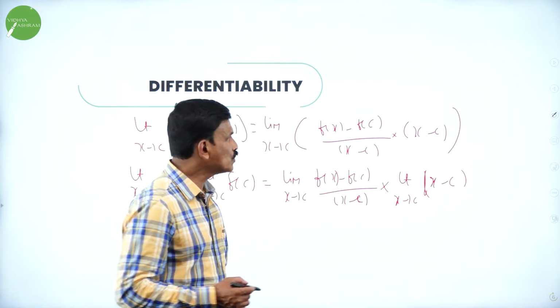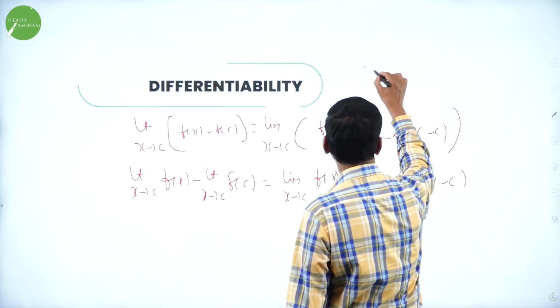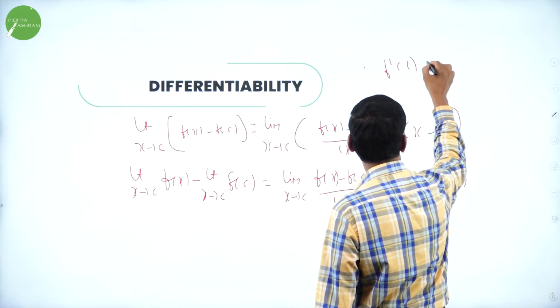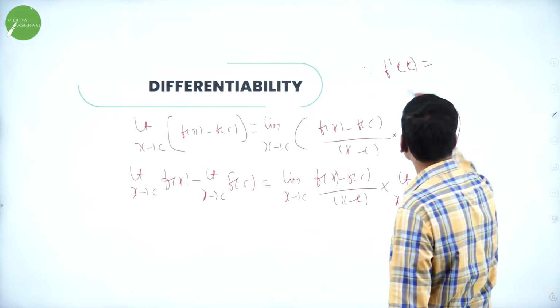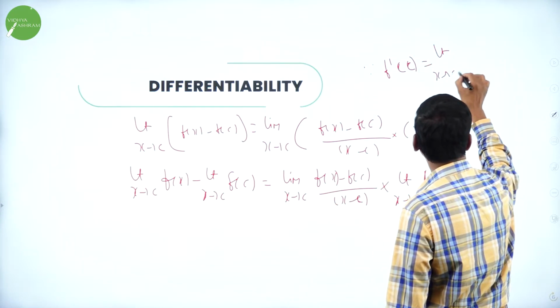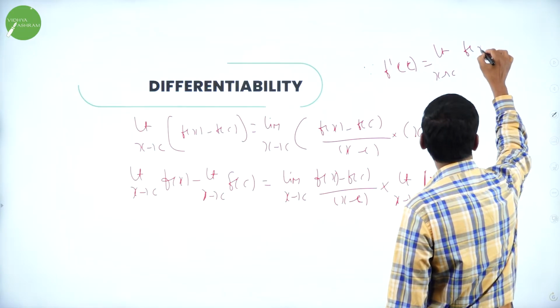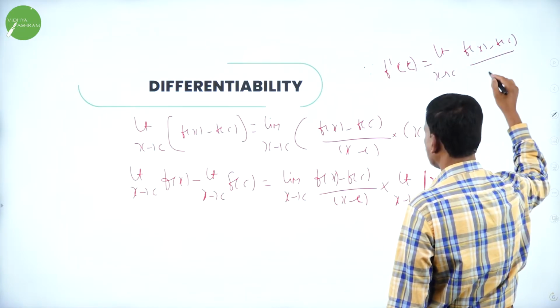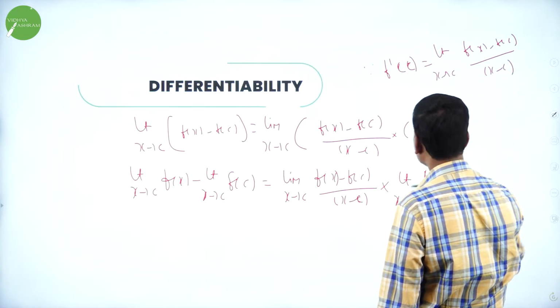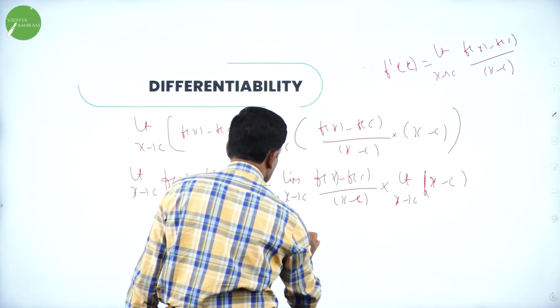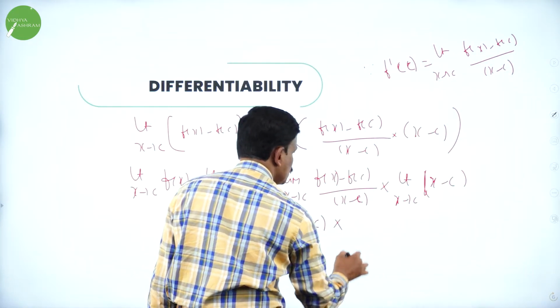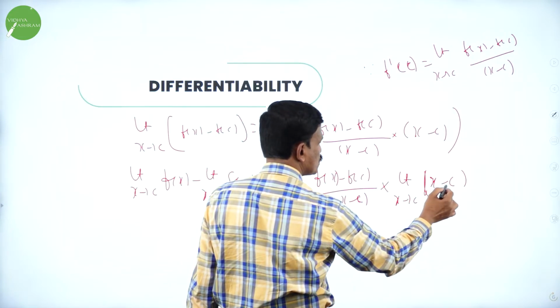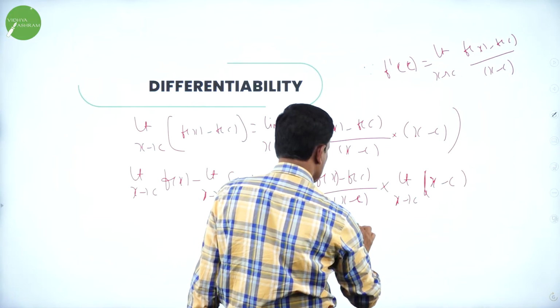Now, since we know that f dash of C is equal to limit x tends to C of f of x minus f of C divided by x minus C, this is equal to f dash of C into, if you apply the limit x equal to C, C minus C is 0.